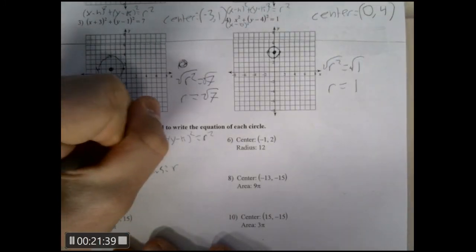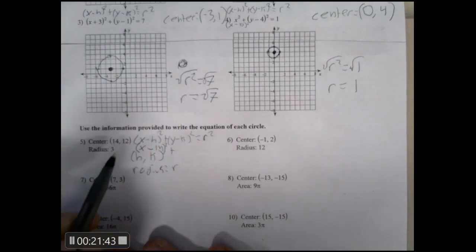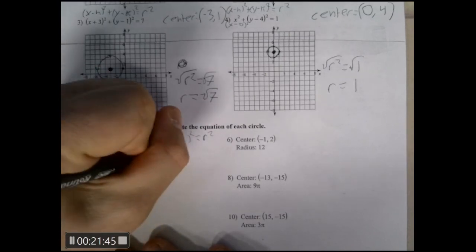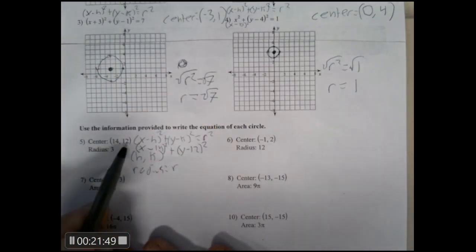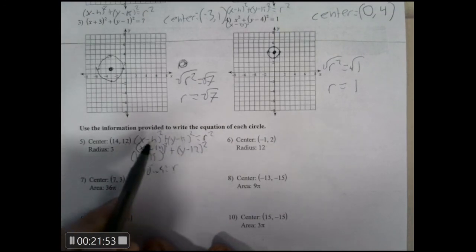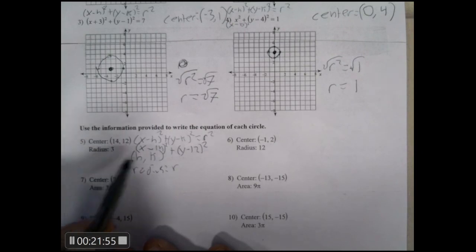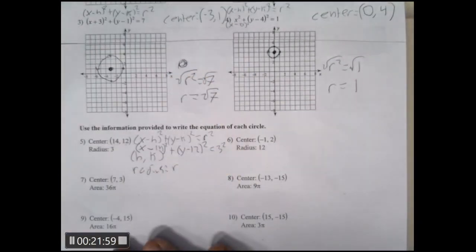So x minus 14 squared plus the y coordinate for our center is 12. Y minus 12 squared. You see, I'm just taking my 12, plugging it in, taking my 14, plugging it in, and then 3 plugs into r squared equals 3 squared.